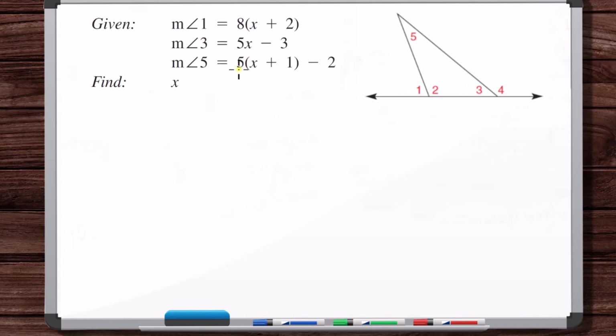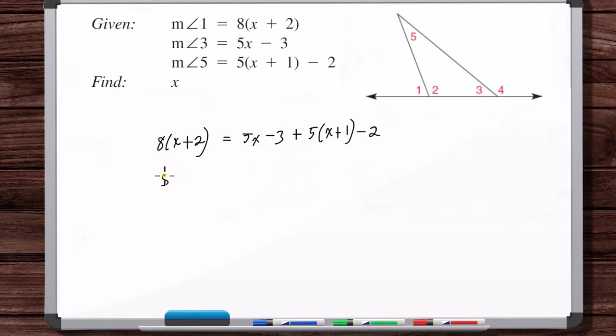So why don't we just go ahead and say that measure of angle 1, 8 times x plus 2, is equal to the sum of these two. Again, we could have just started with calling angle 2 y and then solve for y in terms of x, since these two must sum to 180, but let's try and think about the exterior angle relationships.